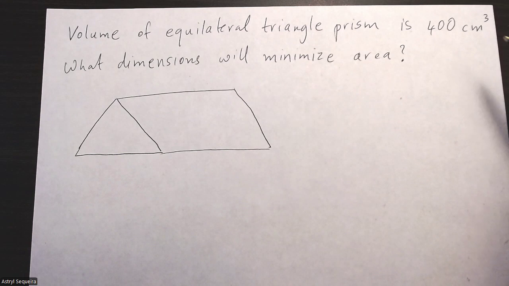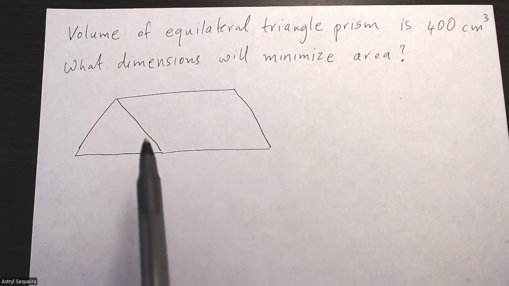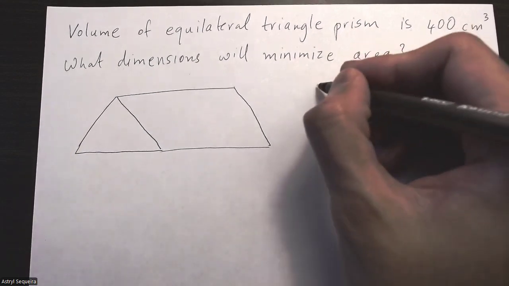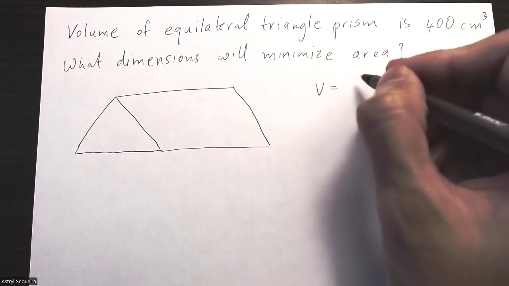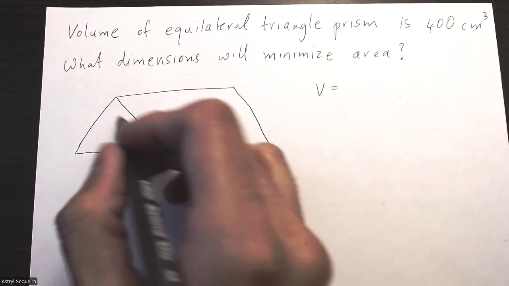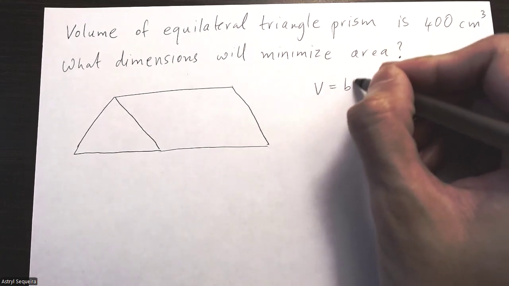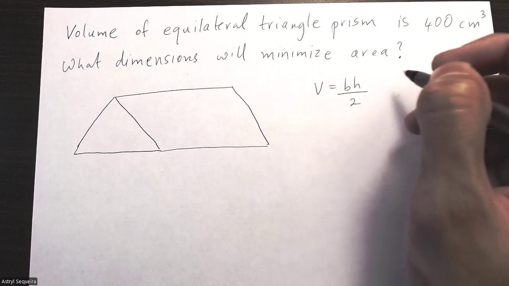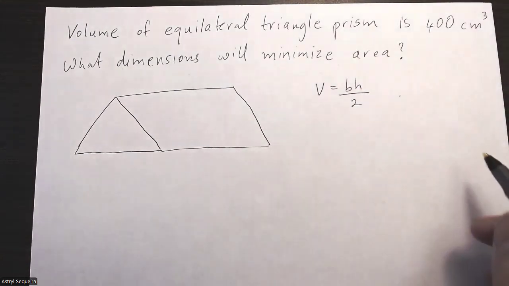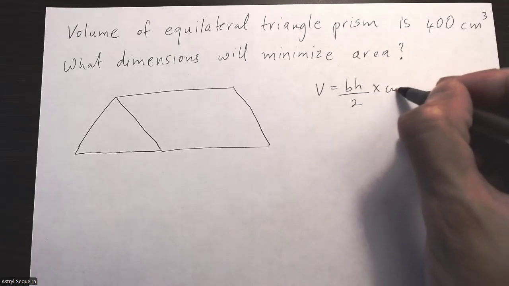We know that the volume is 400 centimeter cube. So the volume of a triangular prism is just the area of the front, which is base times height over 2 times the width over there.